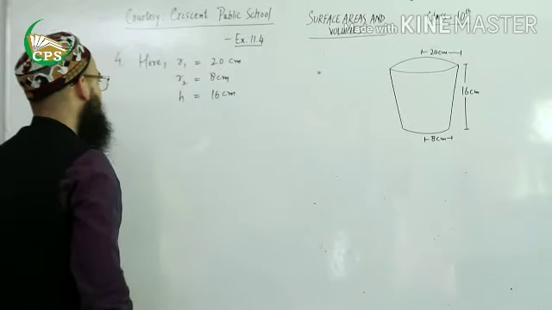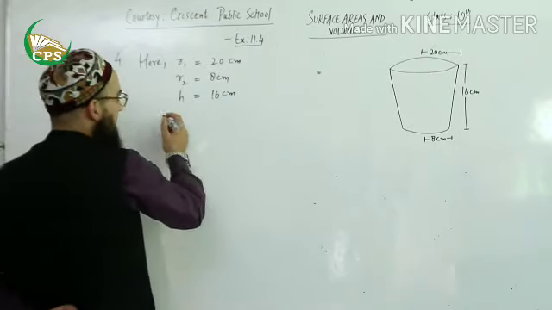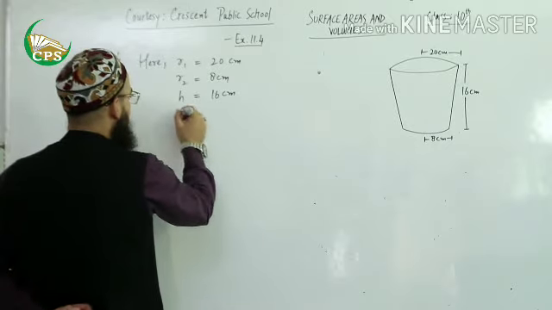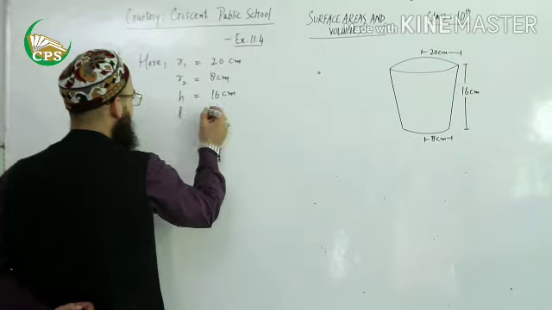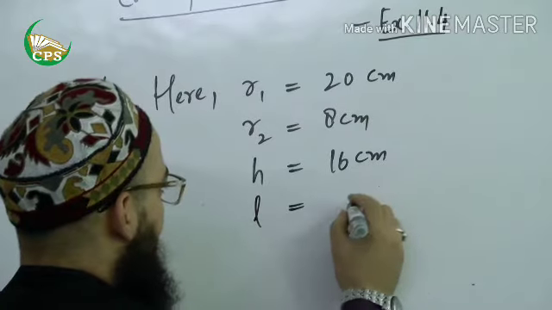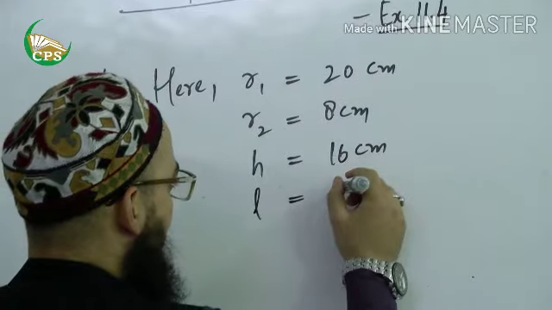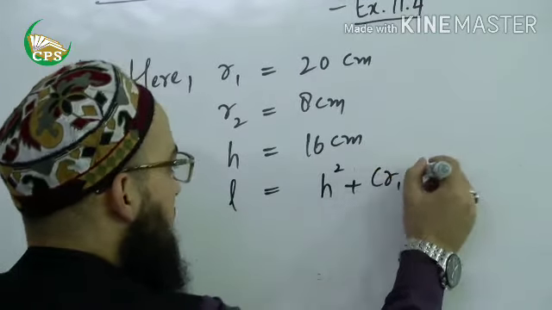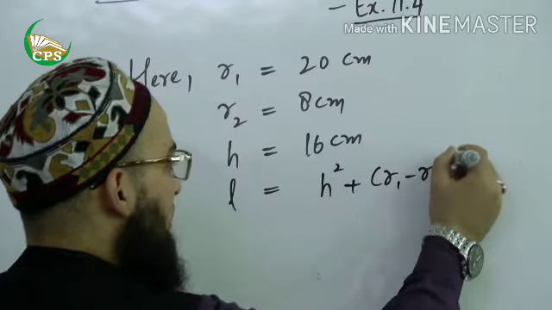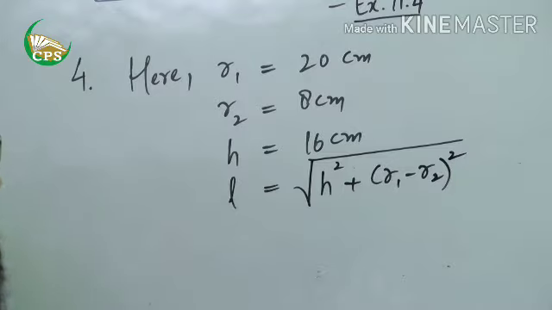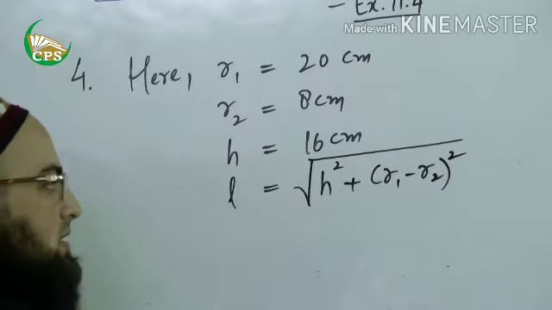Yes, then we can find L. Let us find L here. For L you have the square root of h square plus R1 minus R2 whole square. This will give you the slant height of this frustum.